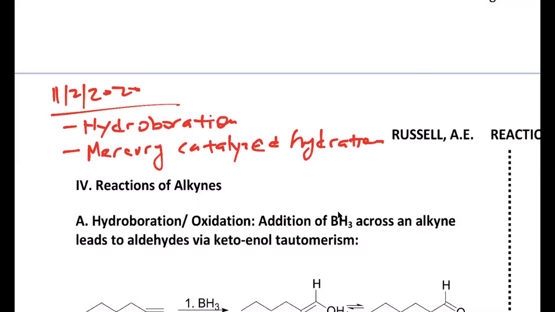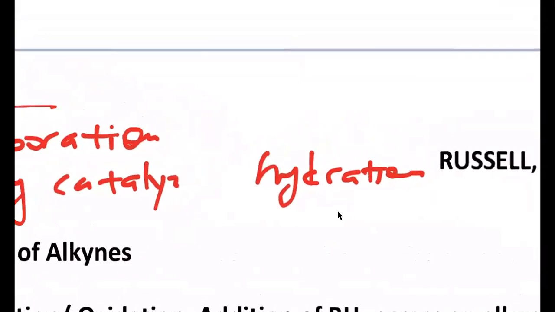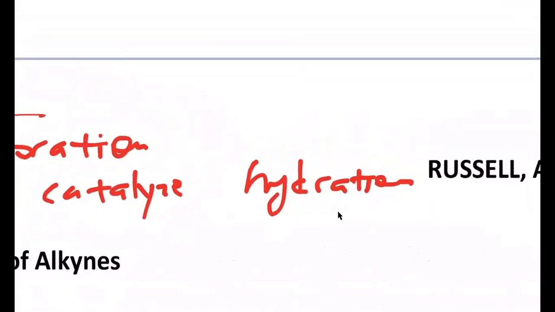Both of these reactions are similar to what we did with oxymercuration and hydroboration, adding basically H and OH across the triple bond instead of a double bond in this case.